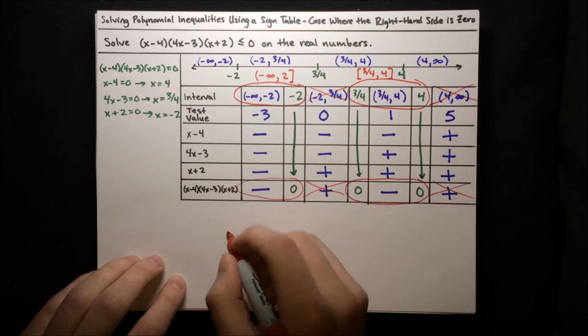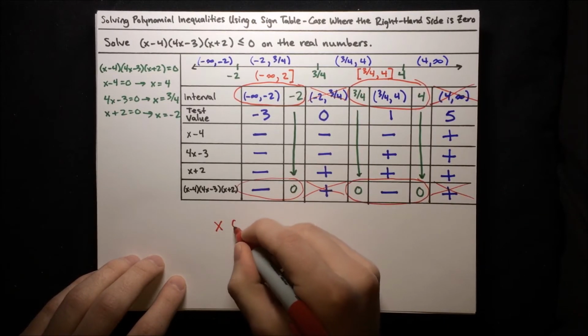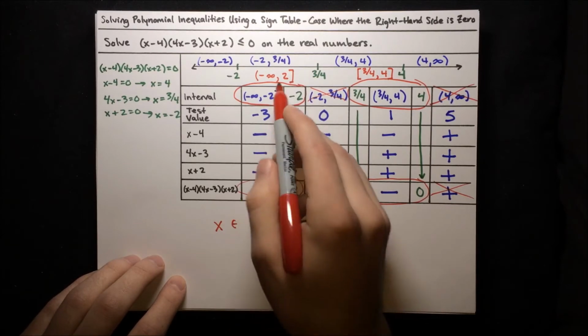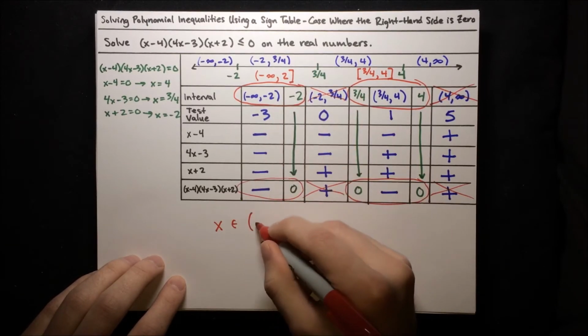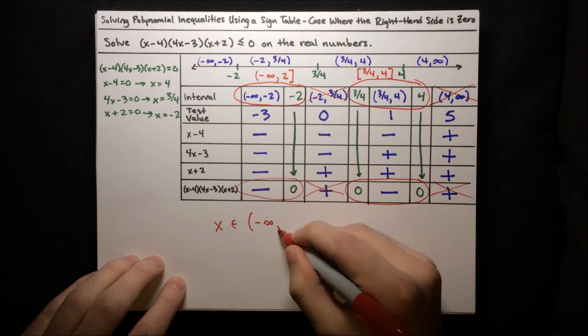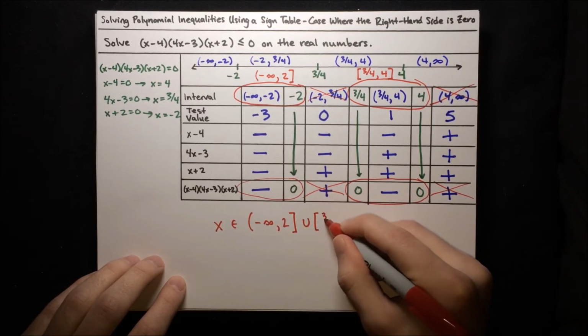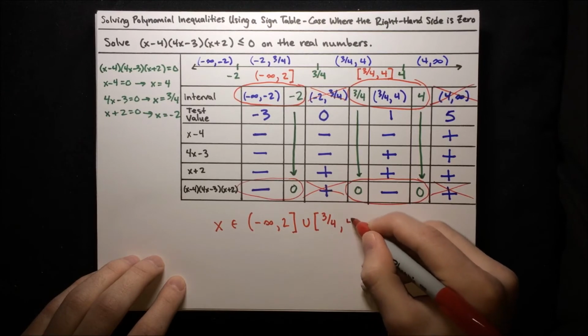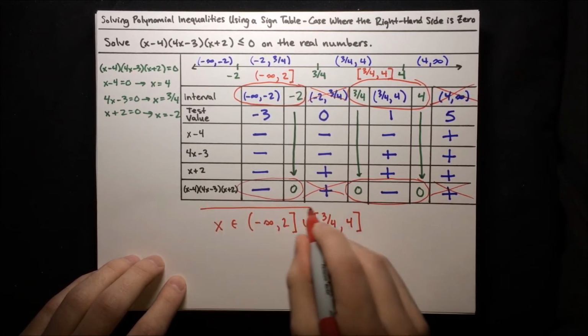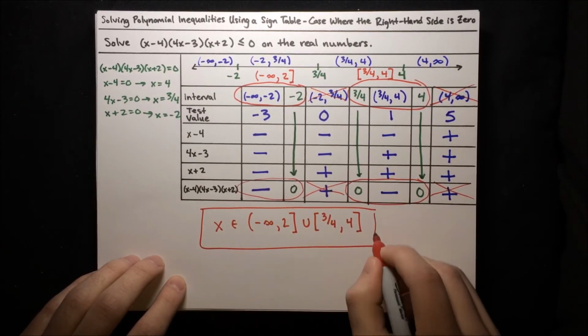And so we have x is an element of either of 2 intervals. So x is an element of negative infinity to negative 2, union 3/4 to 4. And there we go. We've got it.